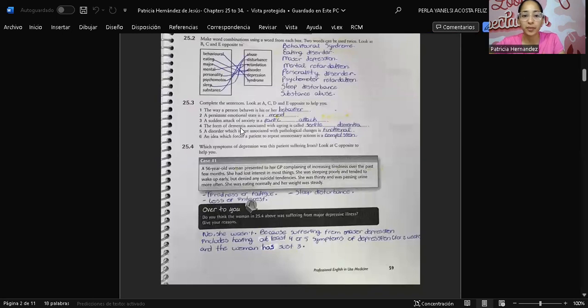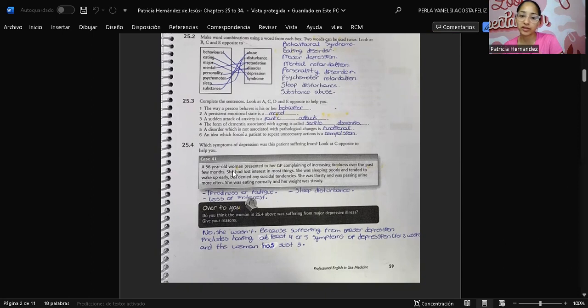The form of dementia associated with aging is called senile dementia. A disorder which is not associated with pathological changes is functional. And an idea which forces a patient to repeat unnecessary actions is a compulsion.